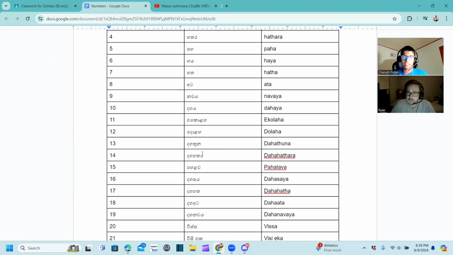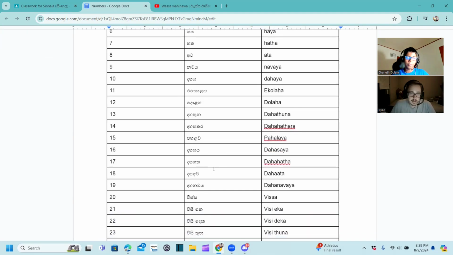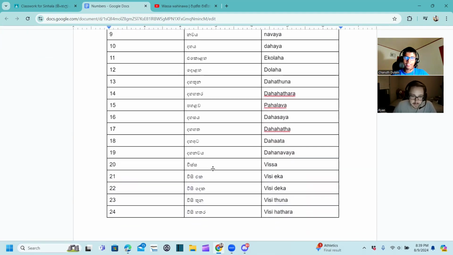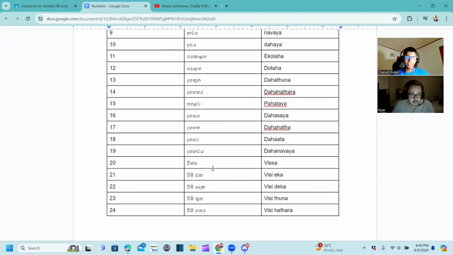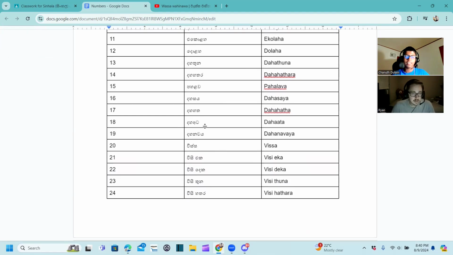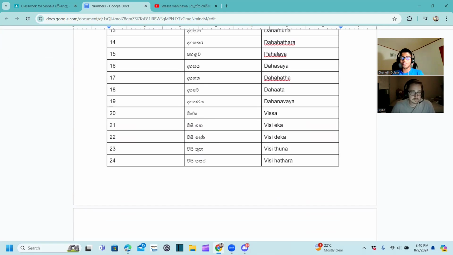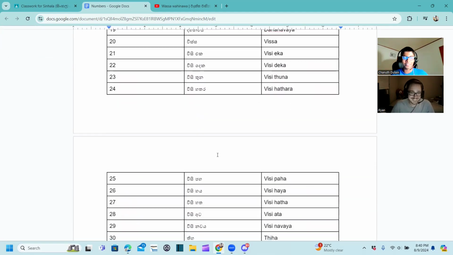I think that's what I need to do: stop relying on the English letters and start focusing on the Sinhala. But you shouldn't focus on it too much or you'll forget the English.